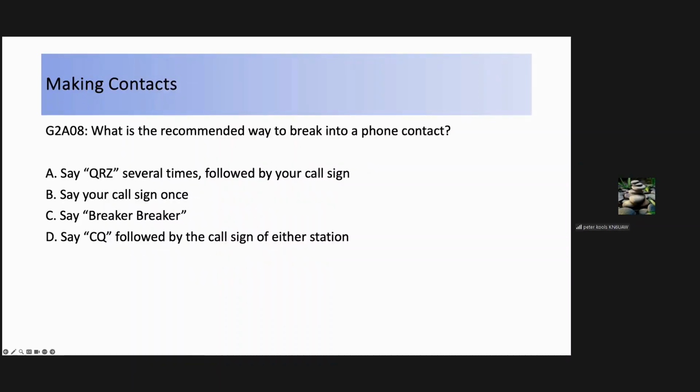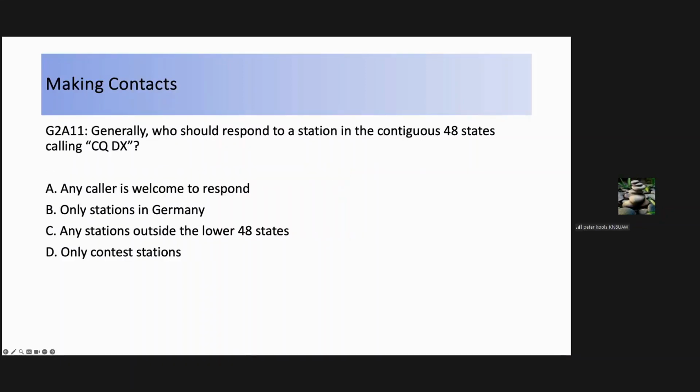So questions under this section: what is the recommended way to break into a phone contact? We just talked about that. Say your call sign once during a break in the conversation. Generally, who should respond to a station in the contiguous 48 states calling CQDX?